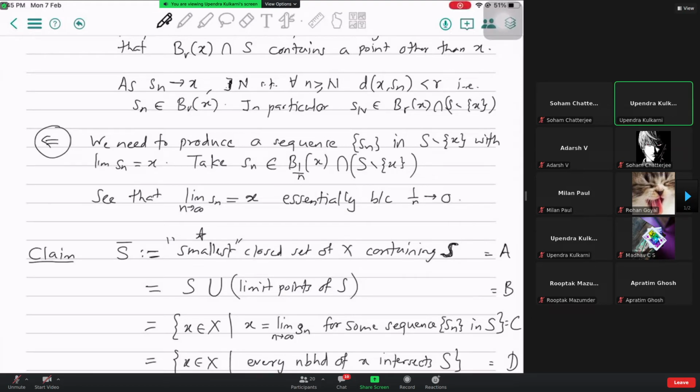Why is C a subset of B? One way to say this is, okay, suppose I want to show that C is a subset of B. Let us look at the shape of the statement. It says that C is a subset of a union. So one way to prove it is: suppose I have a point in C. I want to show that it belongs to a union of two sets. So I get to say, suppose I have a point of C which does not belong to one of the sets, then it belongs to the other.